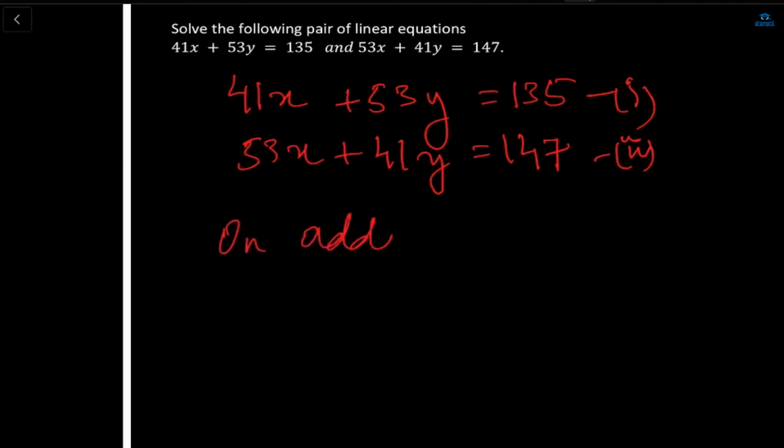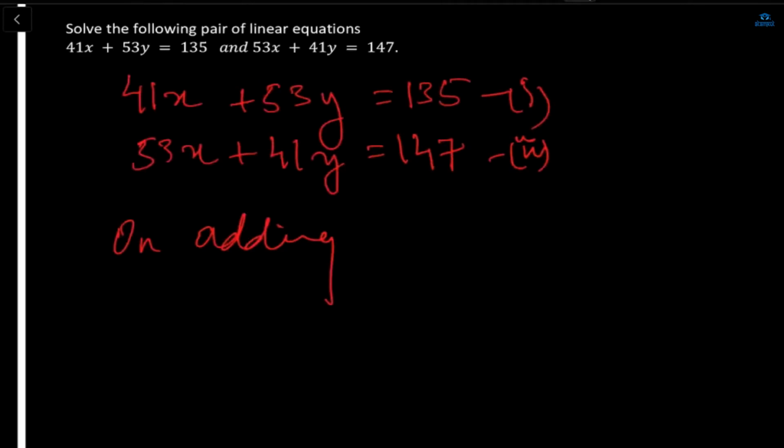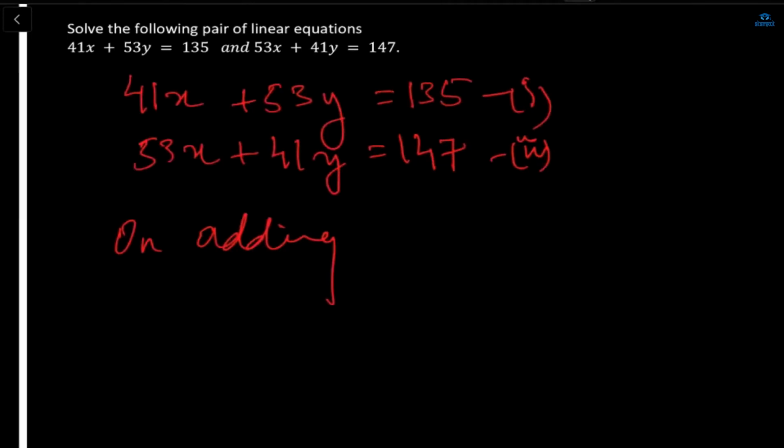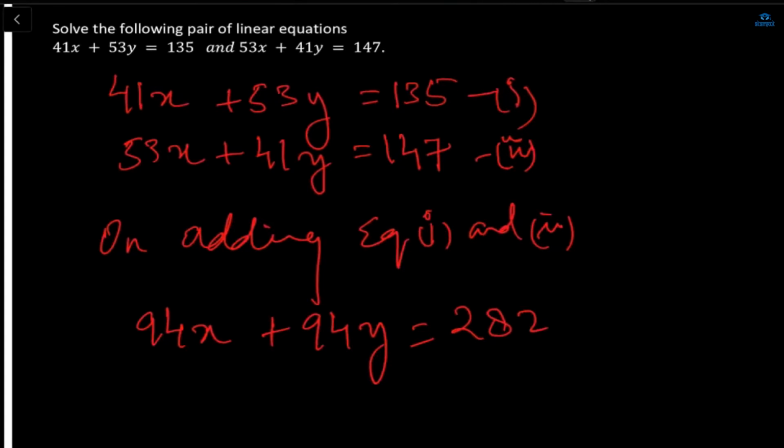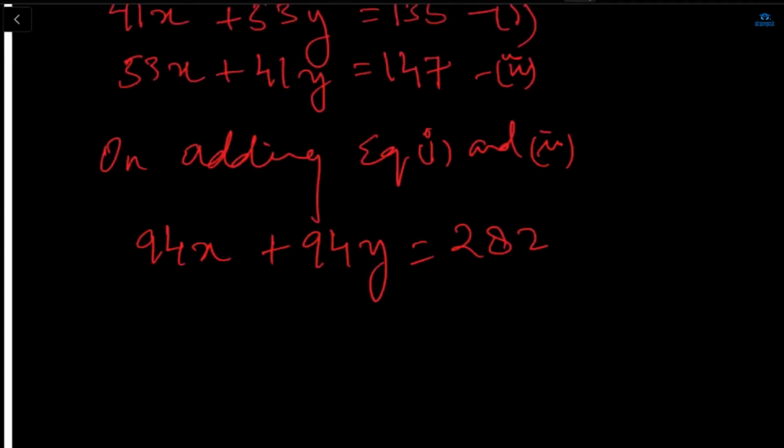If you find this type of equation, you add both the equations and you subtract both the equations. On adding equation 1 and 2, you will get 94x plus 94y is equal to 282. Now 94 you can take common, X plus Y, and then 94 can be cancelled, so you'll get 3.